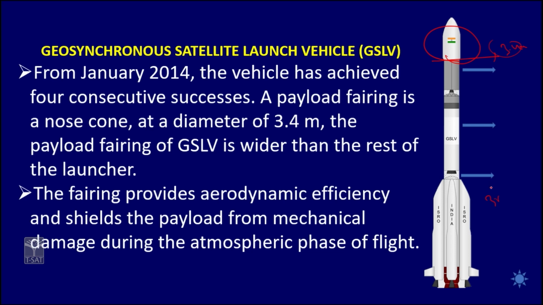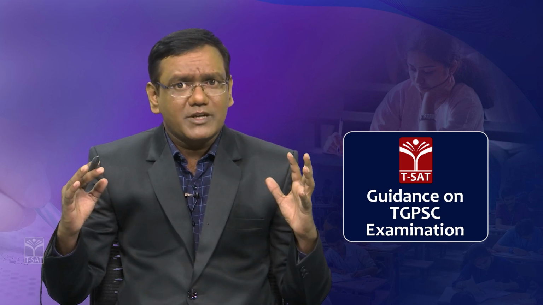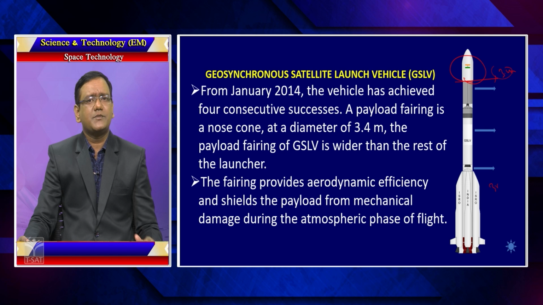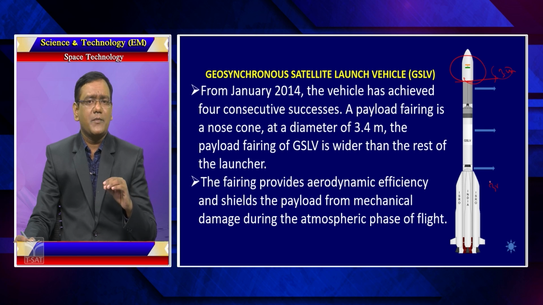The payload fairing of the GSLV is wider than the rest of the launchers. Since it is wider, it is easy to take a much higher weight to different spacecraft, different orbits. The fairing provides aerodynamic efficiency and shields the payload from mechanical damage during the atmospheric phase of flight.